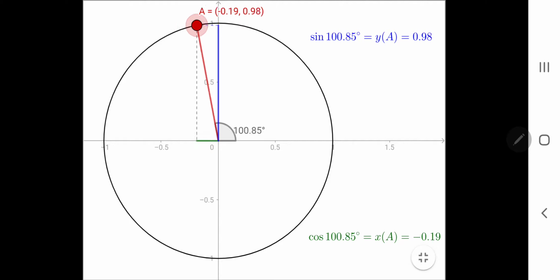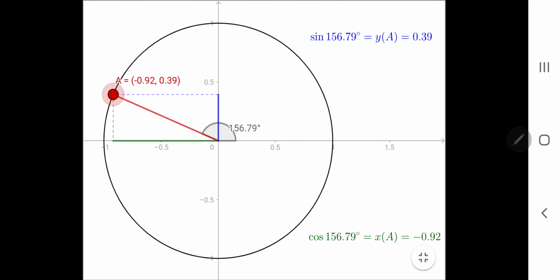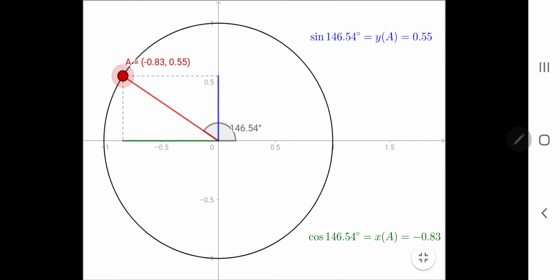And for 90, when the right triangle is gone, there's still a definition, because the dot is 1 unit high, so the y is 1, which means sine of 90 is 1. It has no left or right distance, so cosine of 90 is 0. X is 0, y is 1.